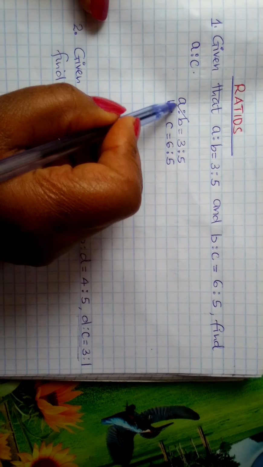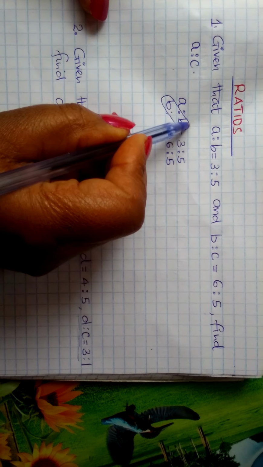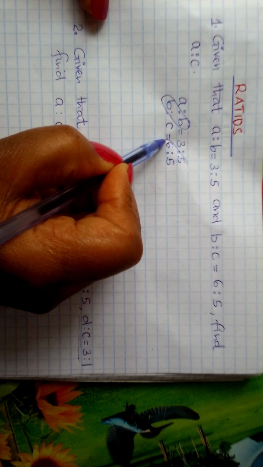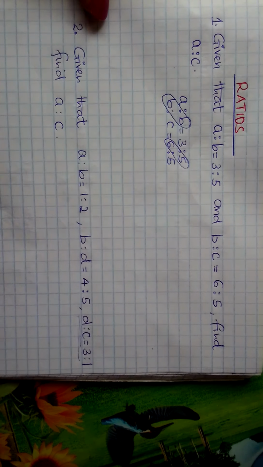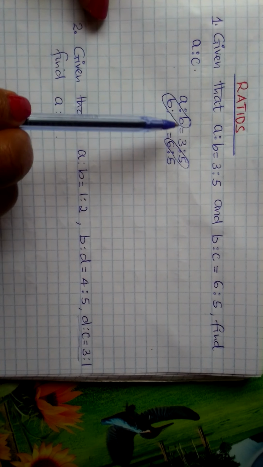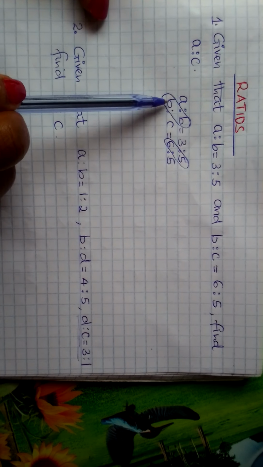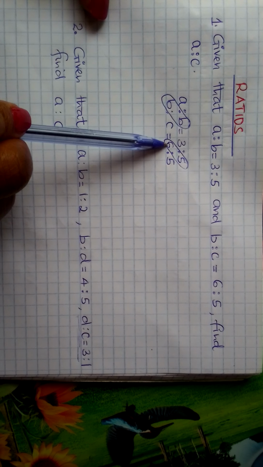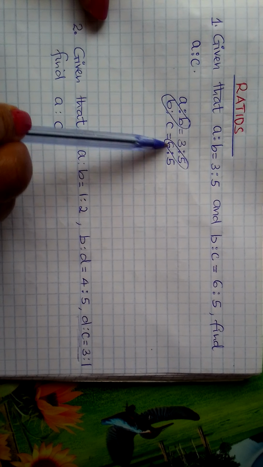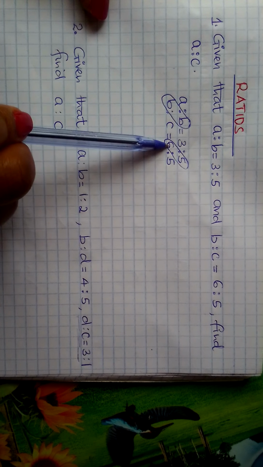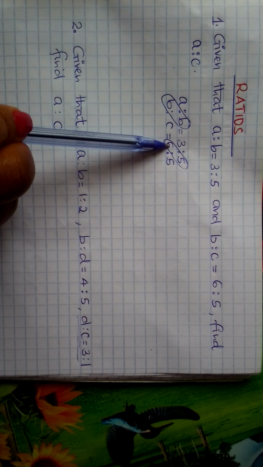So maybe you can enclose this like that and on this other side like that so that we can see them properly. So the value of B in the first case is 5, the value of B in the second case is 6. Let us make these values to be the same so that we have a common value of B.